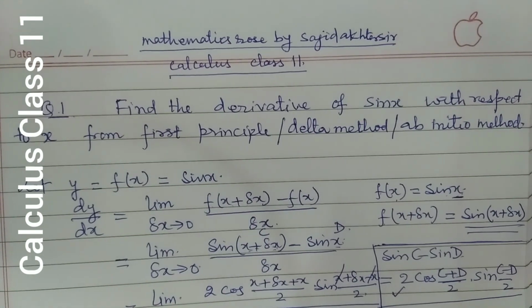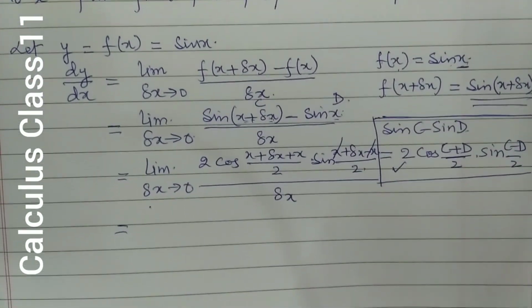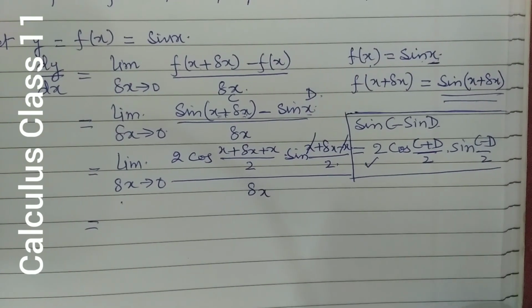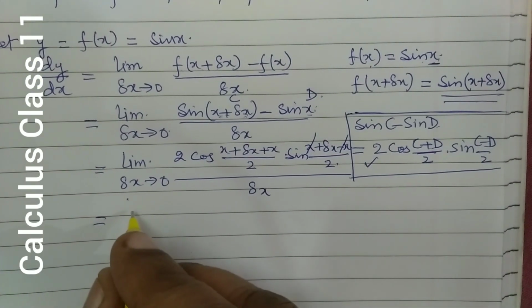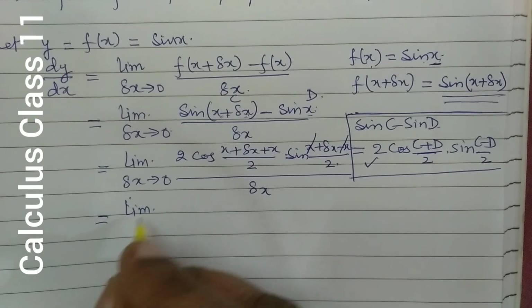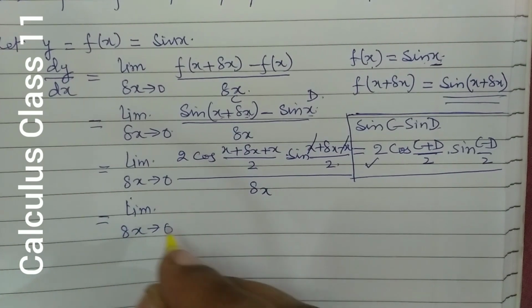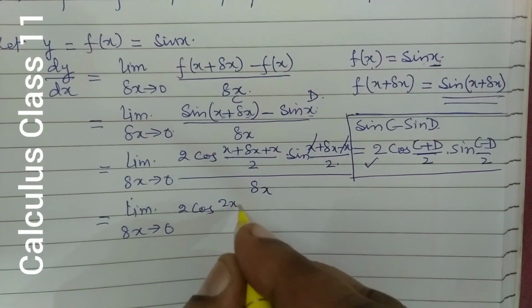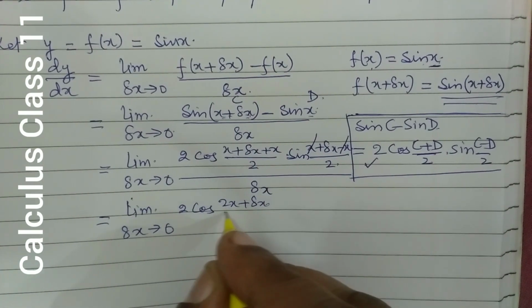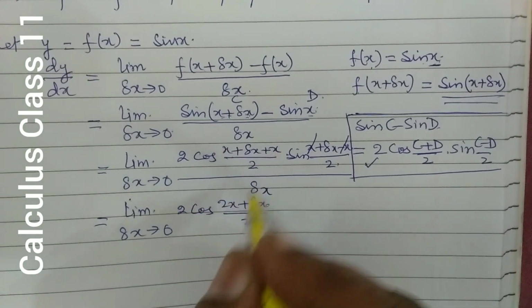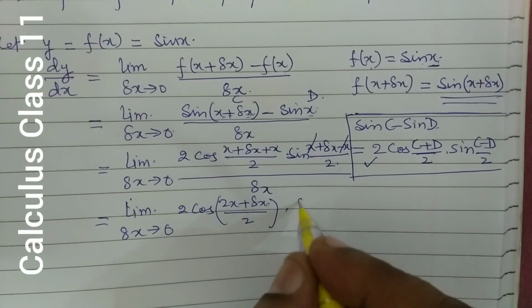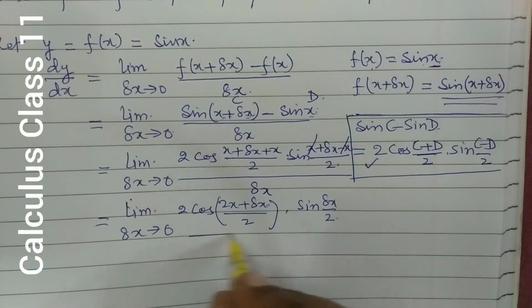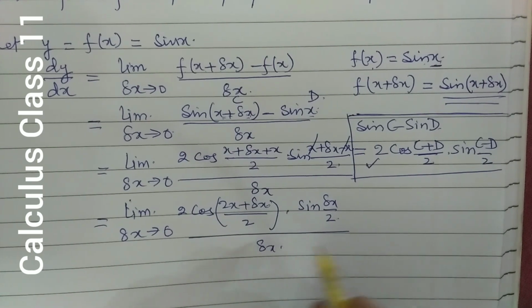Now limit delta x tends to 0, 2 cos((2x plus delta x) upon 2), x plus x is 2x, and now this is sin(delta x by 2) upon delta x.